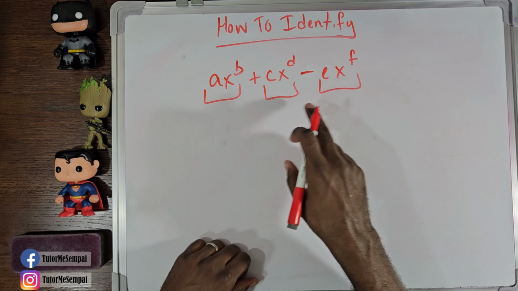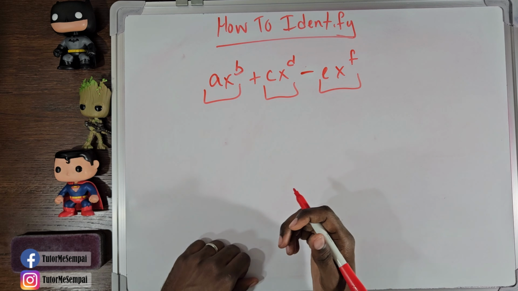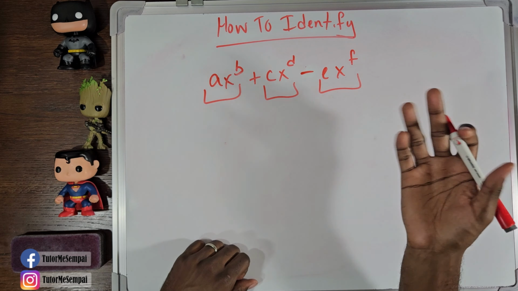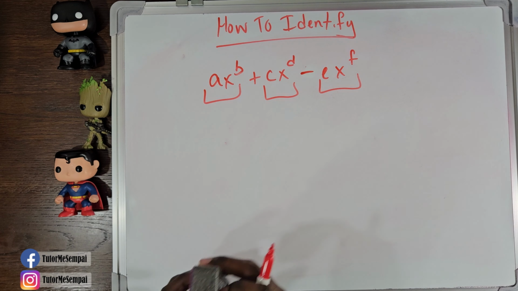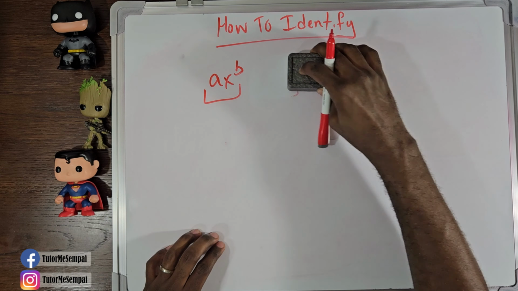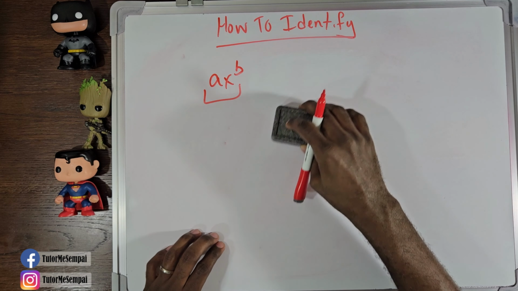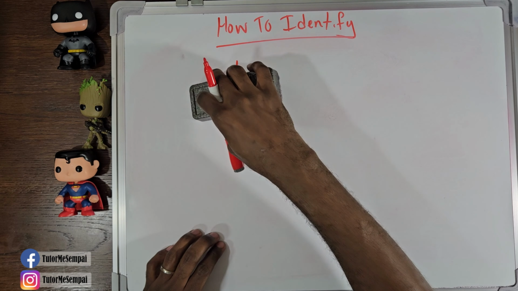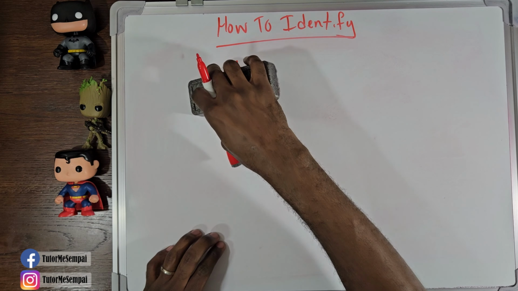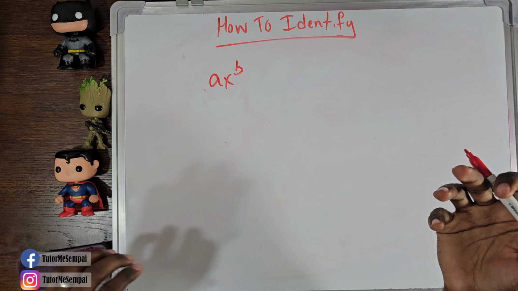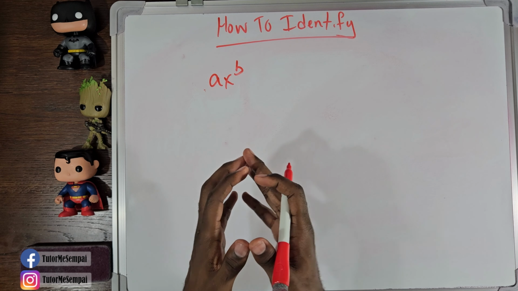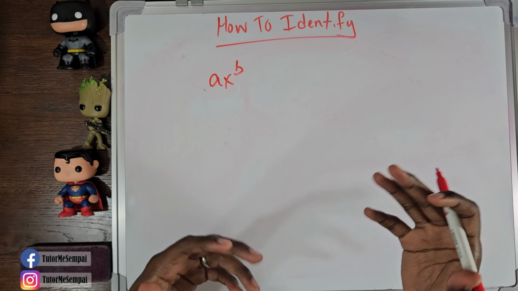They're combined with addition or subtraction. These are your 3 terms for this polynomial. If you just have a monomial, you just have the one term. If you have 2 terms, you're going to have a binomial. So you can think of your terms as anything that's added or subtracted to something else in your polynomial.